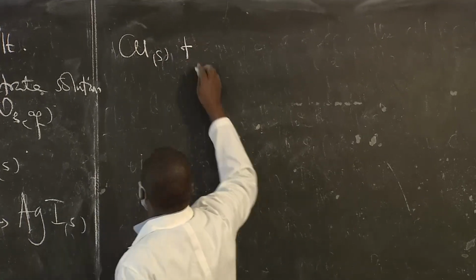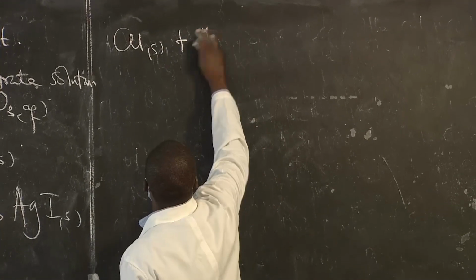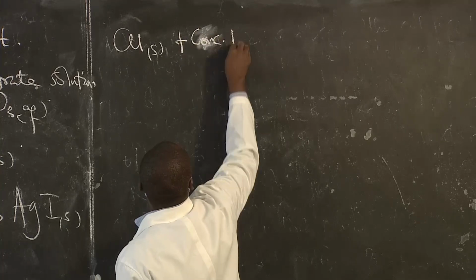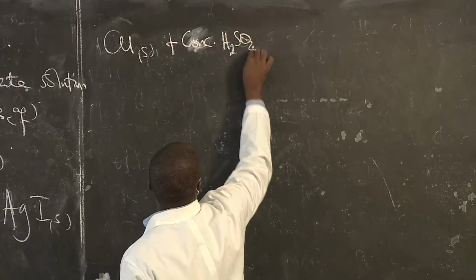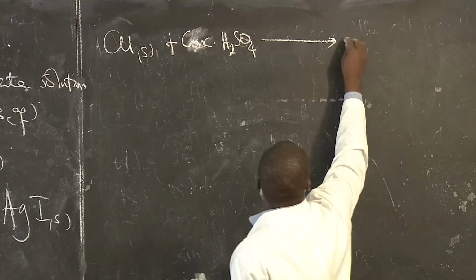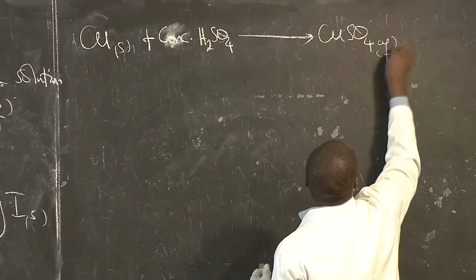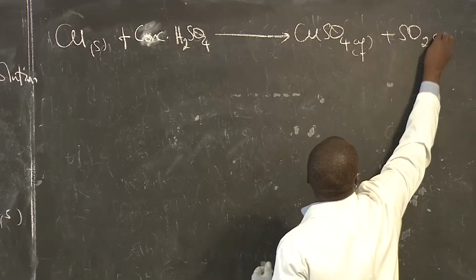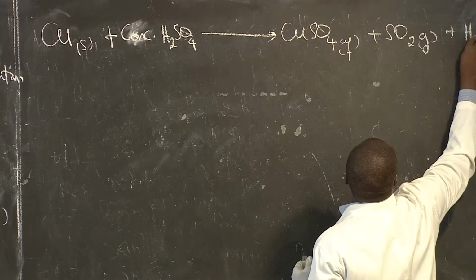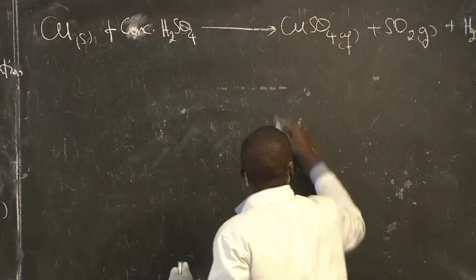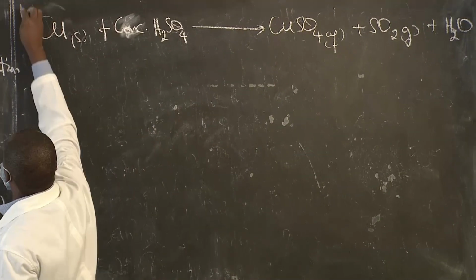Copper reacting with concentrated sulfuric acid gives copper sulfate plus sulfur dioxide gas and plus the water. This is the first method.